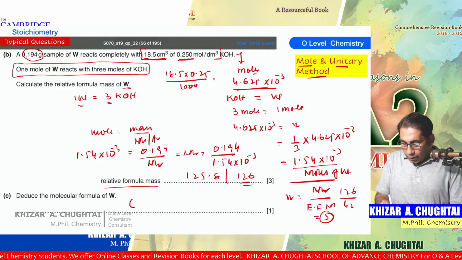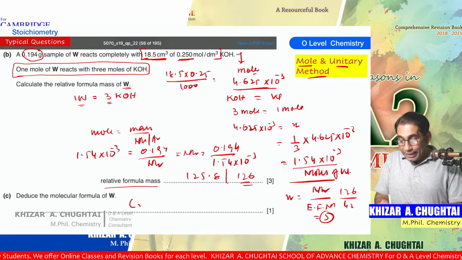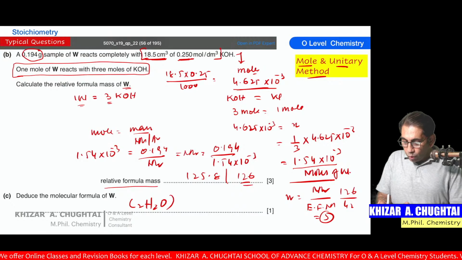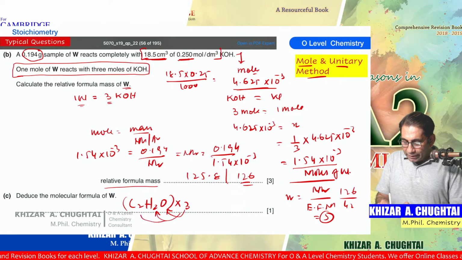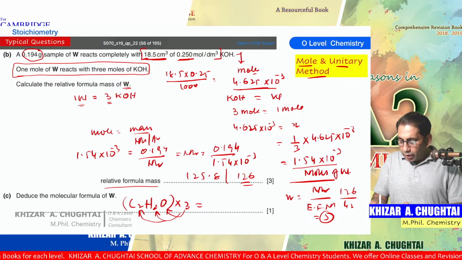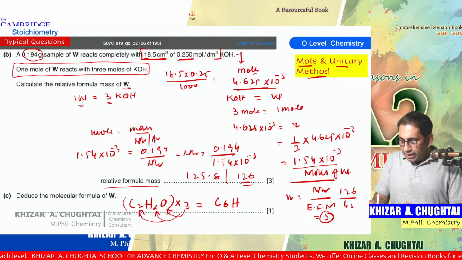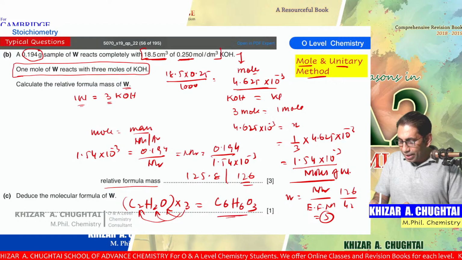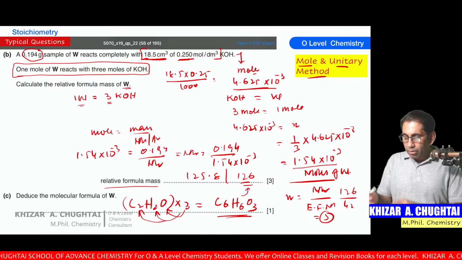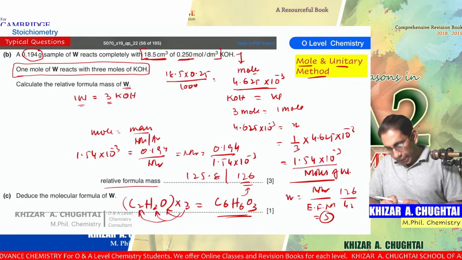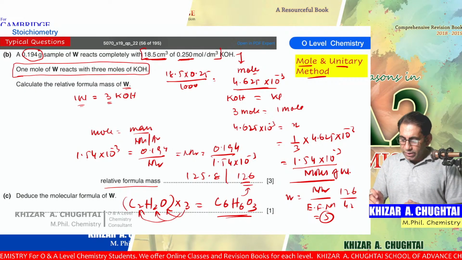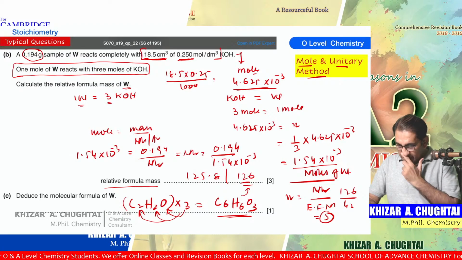First, I write the empirical formula, C2H2O, multiplied by 3, and this 3 is multiplied into the subscripts. It will be equal to C6H6O3, and its MR will definitely be equal to 126. So that was a good question for 4 marks in my opinion.